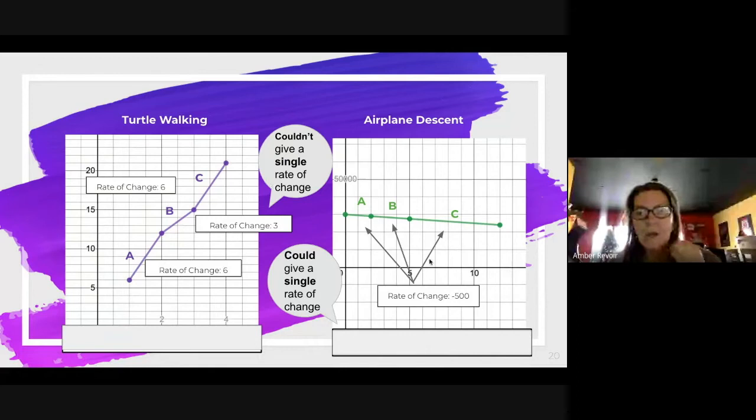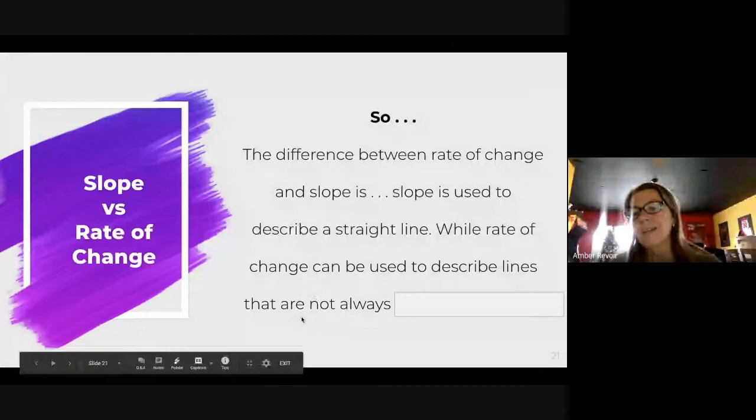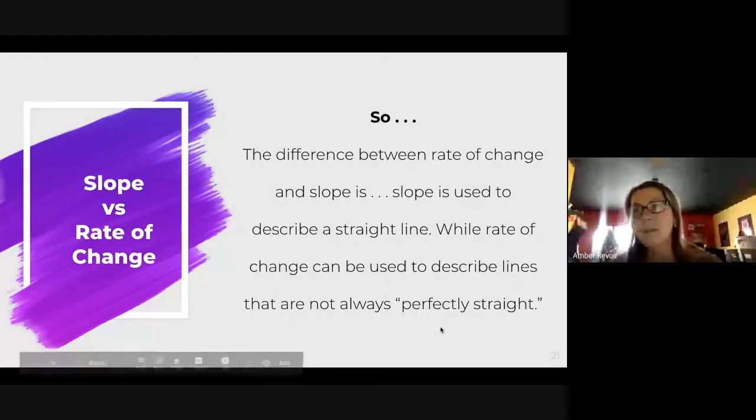So the difference between the rate of change and slope is that slope is used to describe a straight line. Slope is going to form a straight line, no curves, no bends in it, all right? While rate of change can be used to describe lines that are not always perfectly straight, okay? They can be, but they might not be.